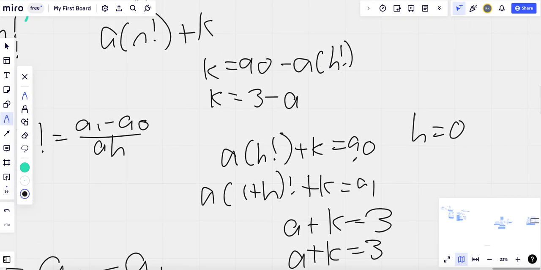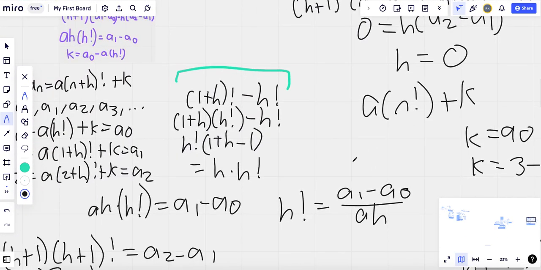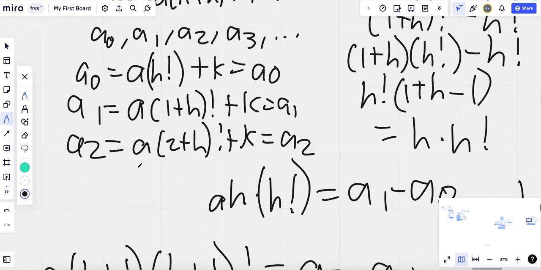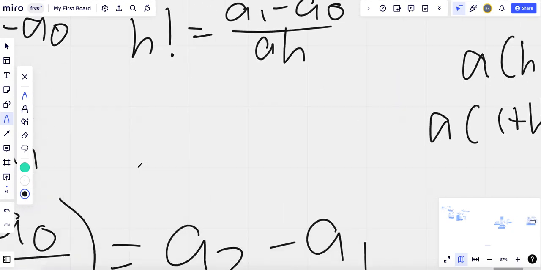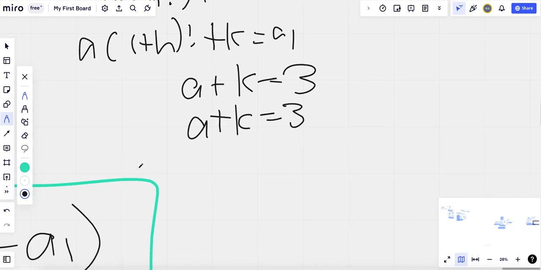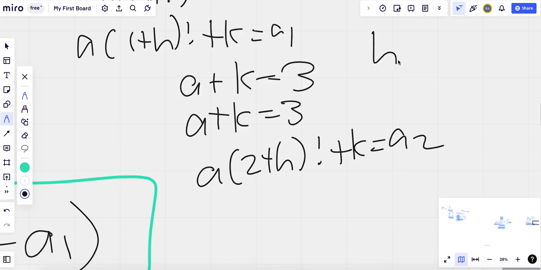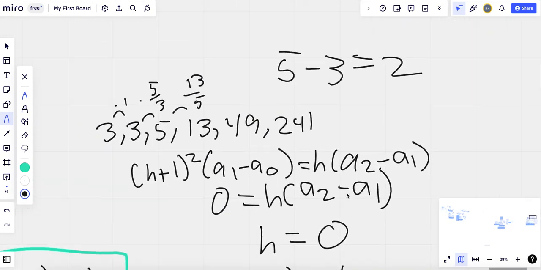But that's fine because we can also use the next equation we have here, which is A times 2 plus h factorial plus K is A2. And then h is 0, so we have 2A plus K is equal to A2, and A2 is 5.